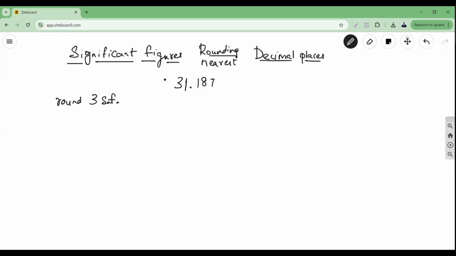See, if I remove the 3 and make it 1.18, that doesn't make sense because it was 31. So significant usually means the digits in the leftmost places.